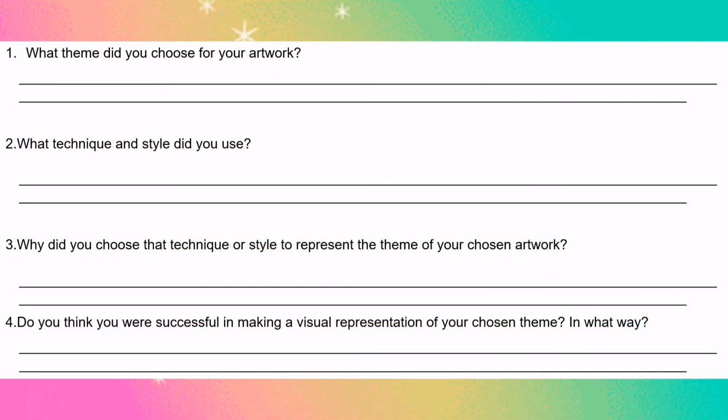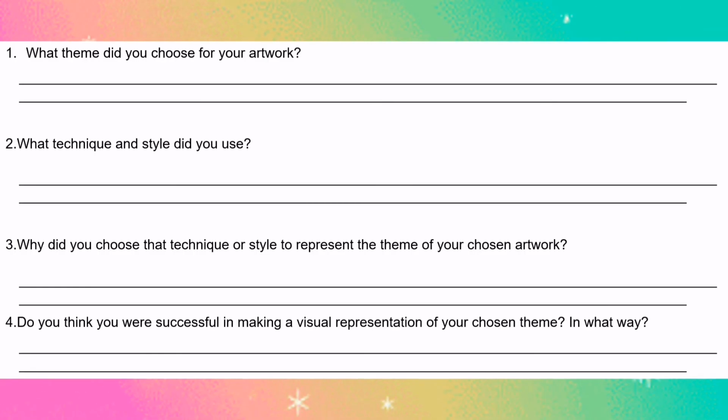So, by using your own activity or artwork, you can give insights on how the output made the person feel and think, whether they consider this as good example of performance art or not. Number 1. What theme did you choose for your artwork?